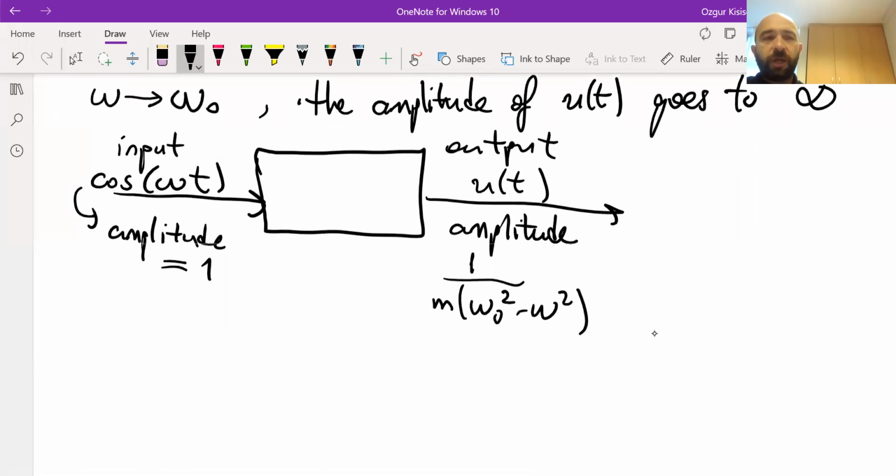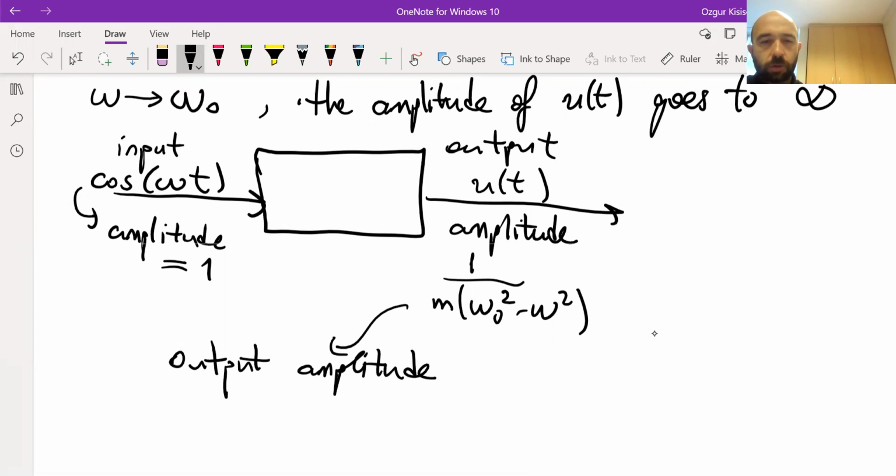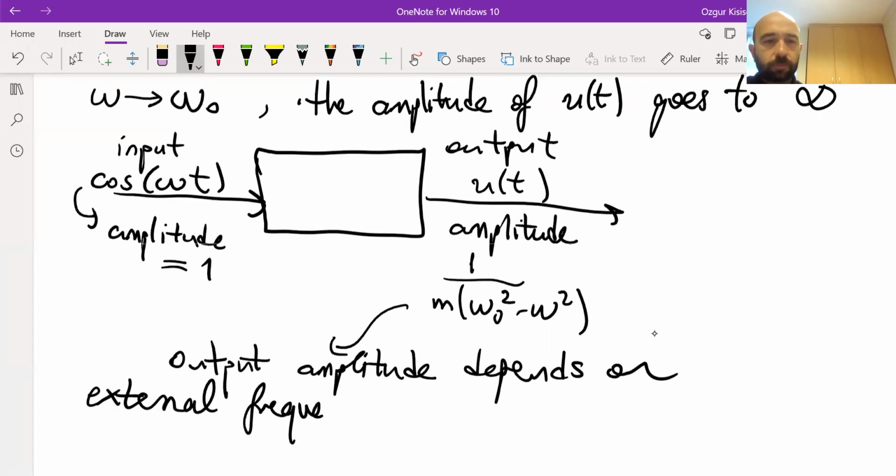So although the input amplitude is constant, the output amplitude is not. It depends on frequency, okay? So output amplitude depends on external frequency. And it can become very large.